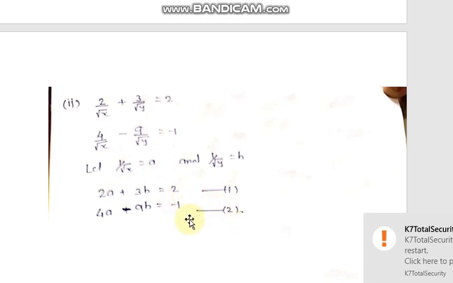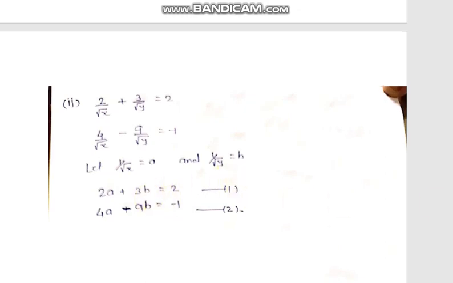Now these two equations you can solve by any method: either graphical method, substitution method, elimination method, or cross multiplication method. So the rest is your homework.